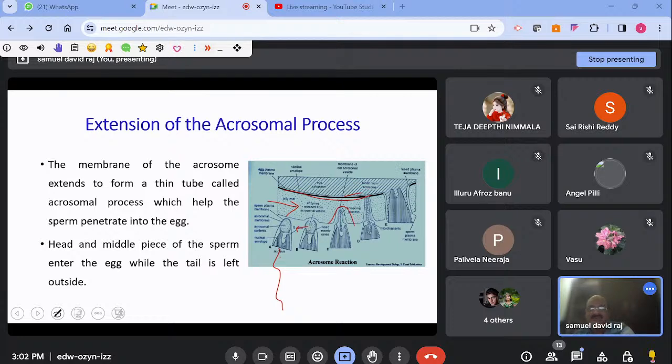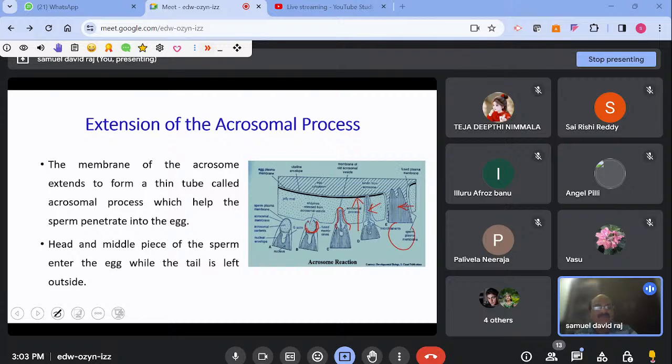Now the membrane of the acrosome forms into a process, called the acrosomal process, which penetrates through the egg membranes and reaches the plasma membrane, during which it penetrates with the help of the head and the middle piece.